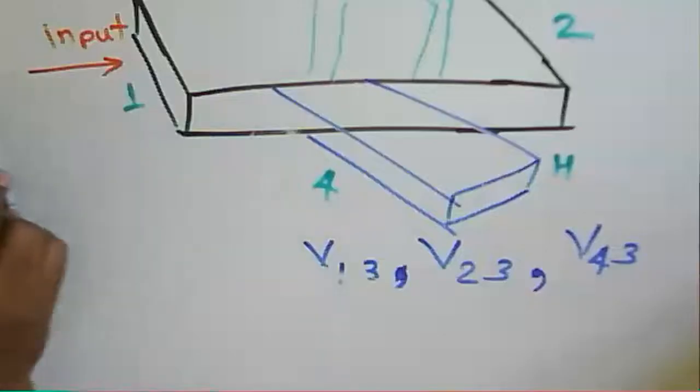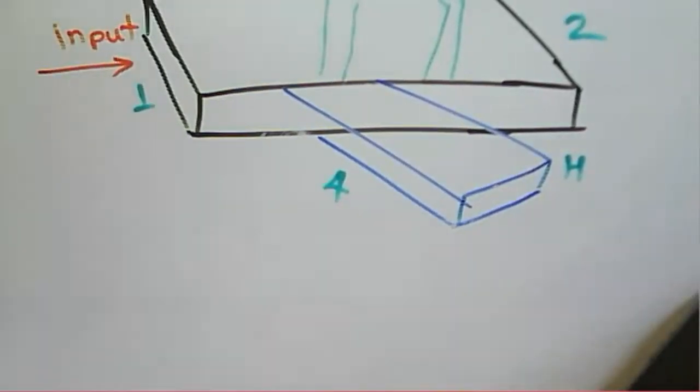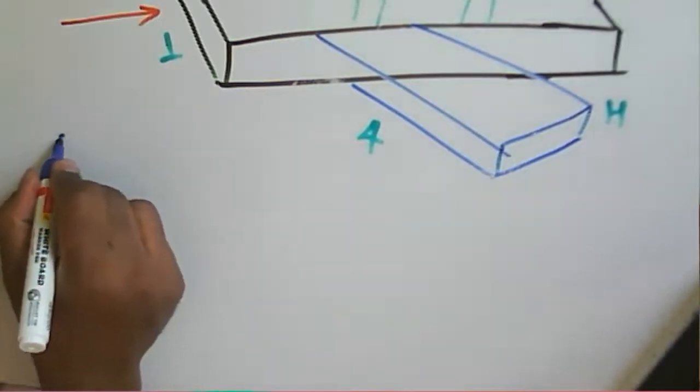Now in the case of the magic T, since this is a 4-port device, what are the components?